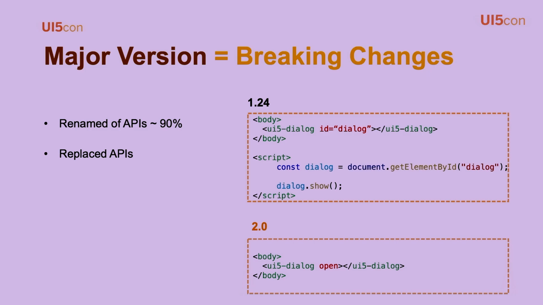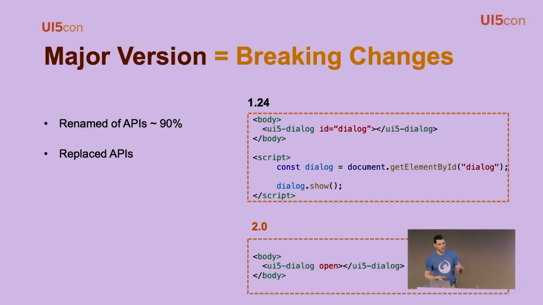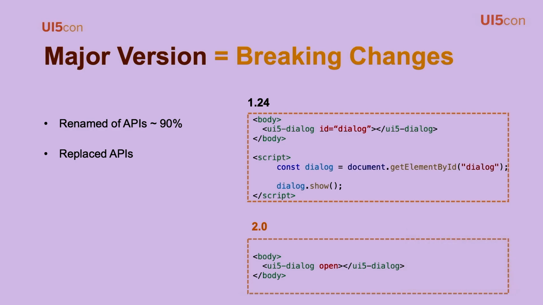The example clearly shows that previously in version 1, to open a dialog, you had to get a reference to the dialog and then call a method to open it. In version 2, opening a dialog means only setting this open attribute, and it can be done declaratively in any markup or template.